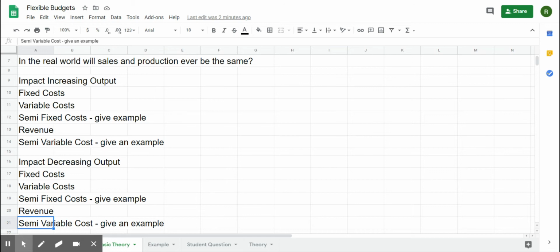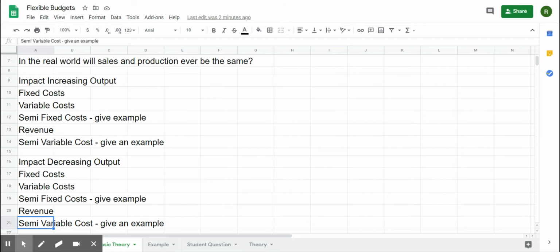Variable costs are pretty straightforward. They increase or decrease in direct proportion to the change in output of a business. So if we had a cost of raw materials of £1,000 and we doubled output, then we would have £2,000 worth of cost of raw materials.